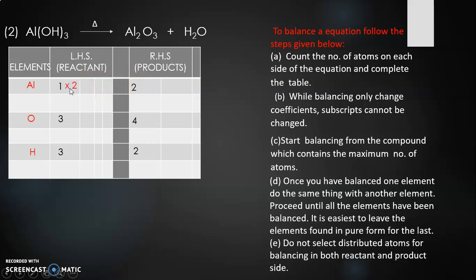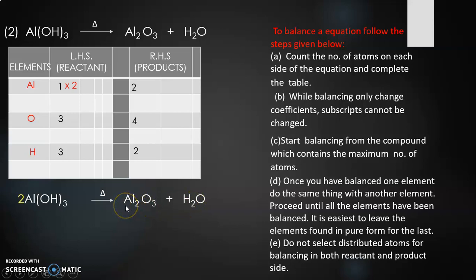So 1 2s are 2. Now 2 will be written as a coefficient and the equation will be rewritten as 2Al(OH)3, that is OH thrice, on heating giving you Al2O3 plus H2O.